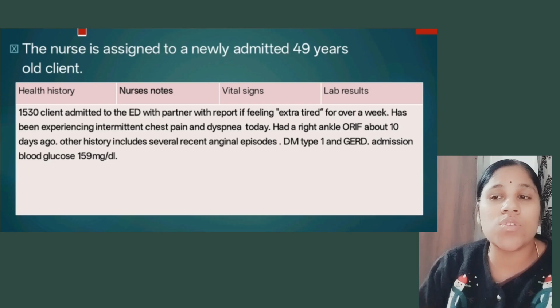Other history includes several recent anginal episodes, and this particular patient has a history of diabetes mellitus type 1 and GERD, gastroesophageal reflux disorder, and on admission the blood glucose level is 159 milligram per deciliter.